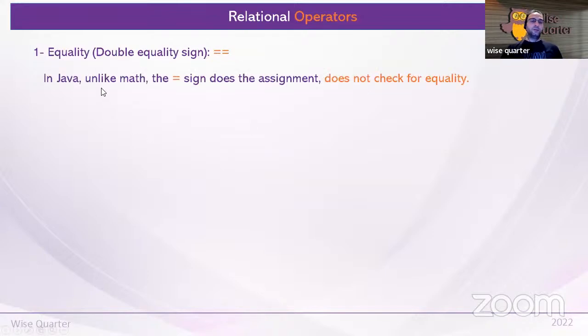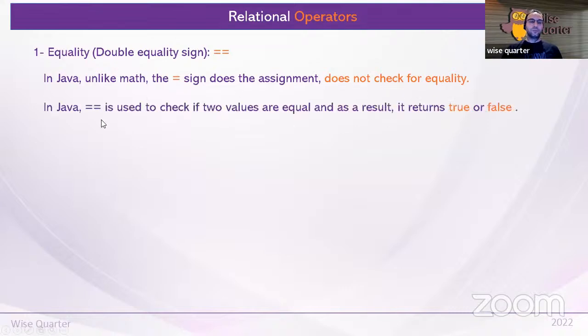Yes, it is unlike math. Equality symbol, if it is single, it means nothing. It cannot do anything. It should get married to show equality. So if it is single, it is for assignment. If there are two of them, it is for equality.